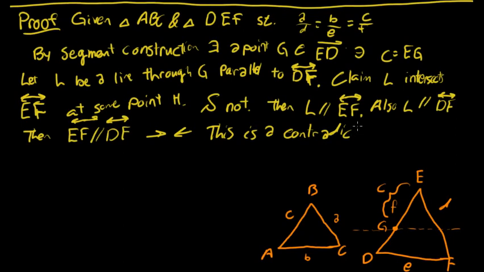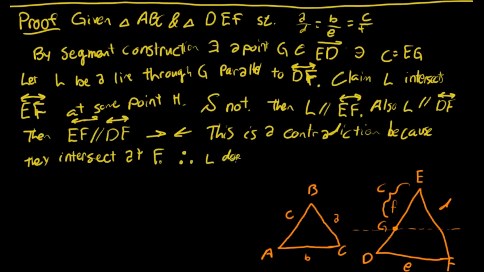Ignore what I said a minute ago. I said something wrong about EF and DF being parallel to each other. And that's a contradiction because they intersect at F. So L does not intersect EF.